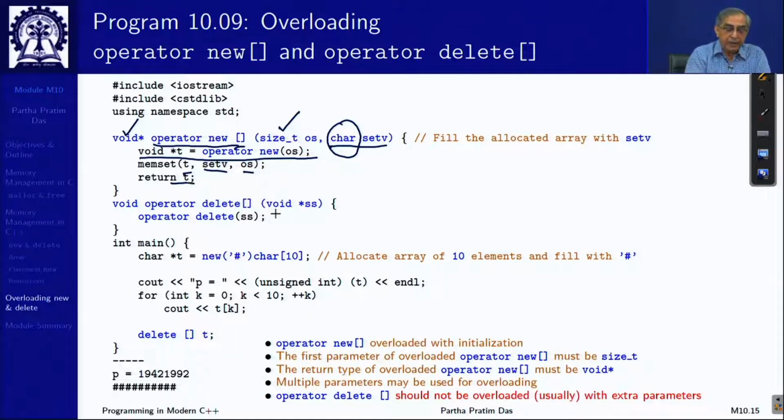In terms of delete, I do not do any additional smartness except that I am releasing memory by the operator delete function. Could have done free also, right. But try to use the matching one always.